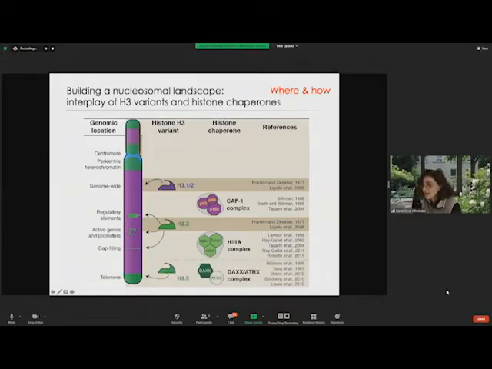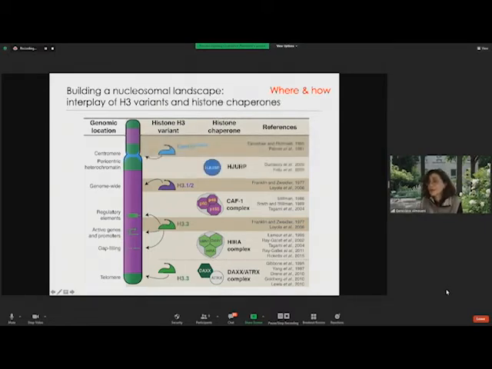Then you also have deposition of H3.3 in other places, repetitive regions such as the telomeres and others, involving the DAXX-ATRX complex. And finally, the centromeric variant is deposited at the centromere, normally involving the chaperone HJURP. So you can see this tight interplay between the H3 variant and the distinct chaperone to build up this quite sophisticated organization.